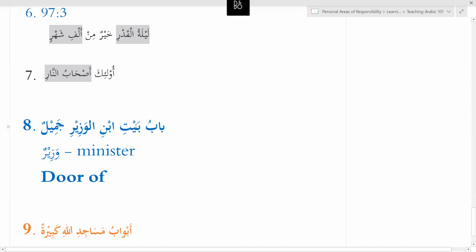Bait is house. So what is Babu Baiti? Door of what? Door of the house. It would be door of house because it is Baiti. I also have Ibni al-Waziri. What does this mean?